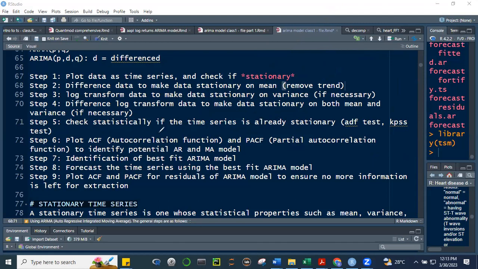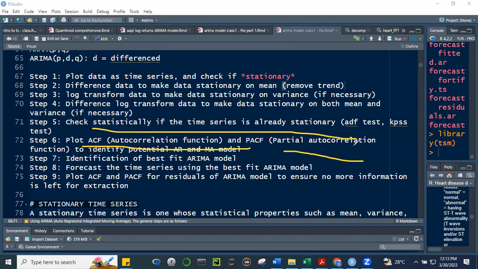All right? Now, there are some statistical tests. So after the transformation, you can check using the ADF test, augmented Dickey-Fuller test yan, KPSS test, etc. Okay, so makikita natin kung talagang stationary na yung data natin using the statistical test. All right, then after that, ipa-plot natin yung ACF at saka PACF. Okay? So what happens here? Plot the ACF and the PACF.